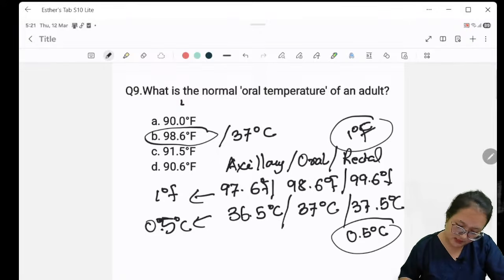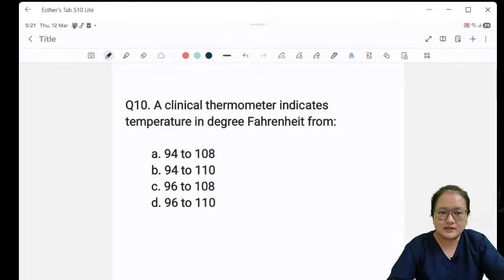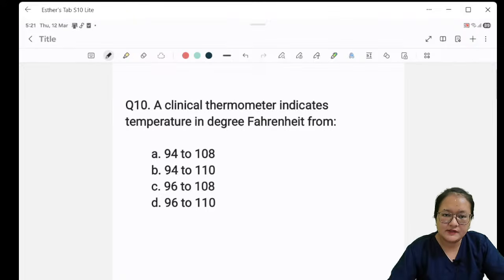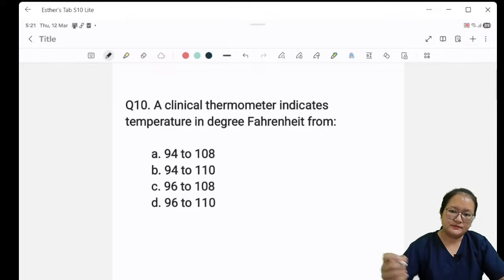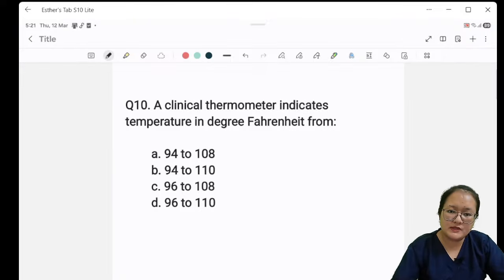Going to the next question, a clinical thermometer indicates temperature in degrees Fahrenheit from 94 to 108, 94 to 110, 96 to 108, or 98 to 110. Which one is the right answer?